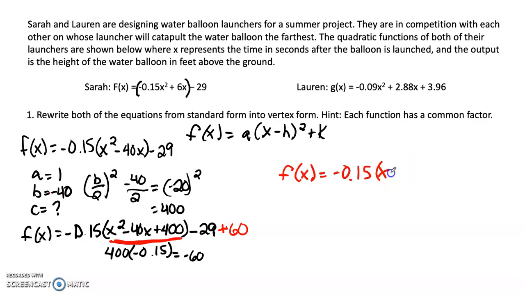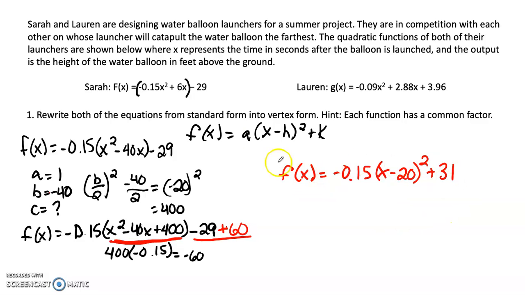So x minus 20 squared, because we created that perfect square trinomial, so when we factor it, it's going to be x minus 20 squared, and then the outside we can bring together. Negative 29 plus 60 gives me a positive 31. And here's my answer in vertex form with the h and the k being my vertex.